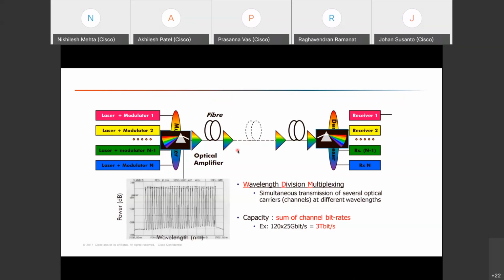In this example, there are 120 channels I am sending, and each channel has a speed of 25 Gbps. So the total capacity will be 120 multiplied by 25 Gbps, which is 3 Tbps. So using wavelength division multiplexing, I am achieving higher speed in this case.